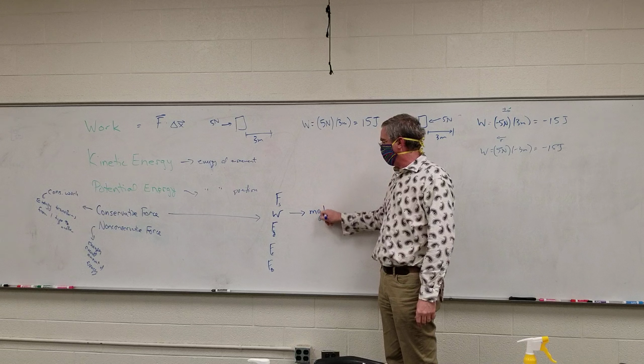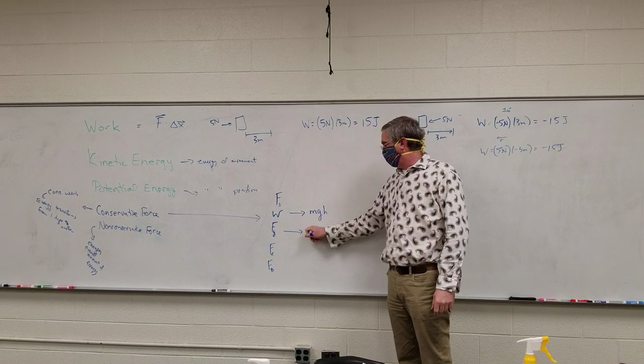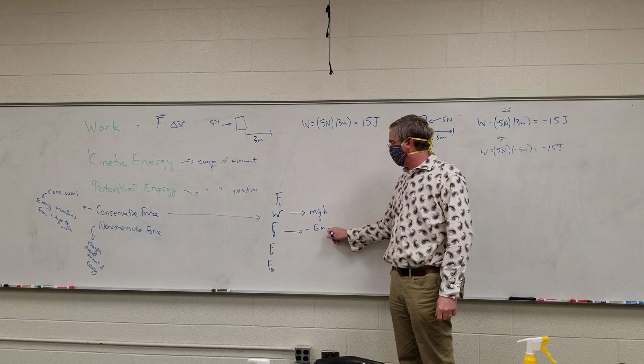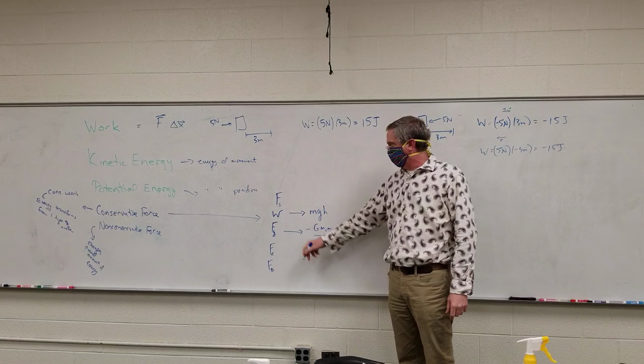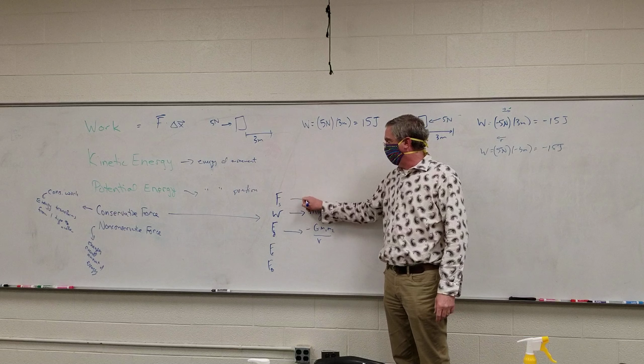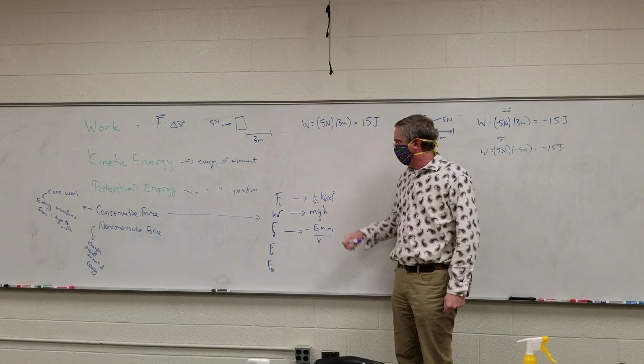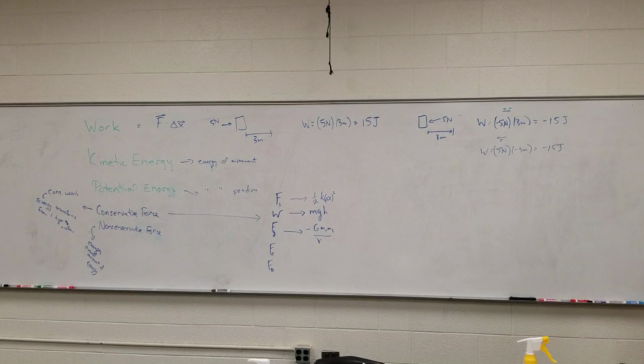So mgh is it for weight, negative G m1 m2 over r is for gravitational force, and for spring, 1/2 k delta x squared. And those are the three that we primarily will deal with in this course.